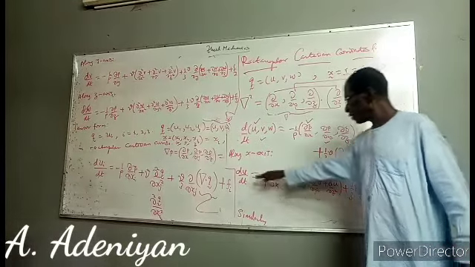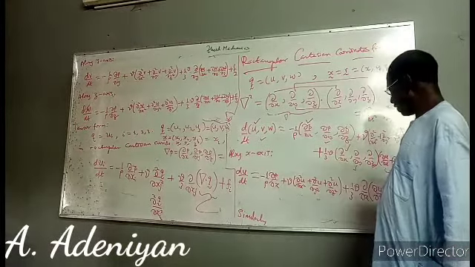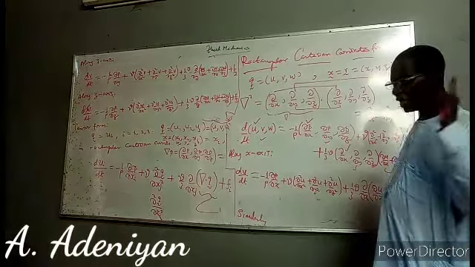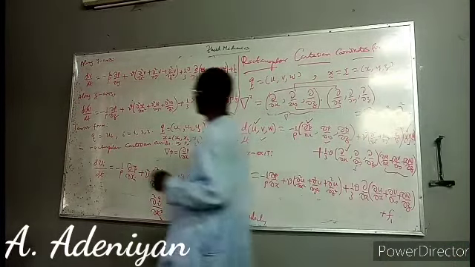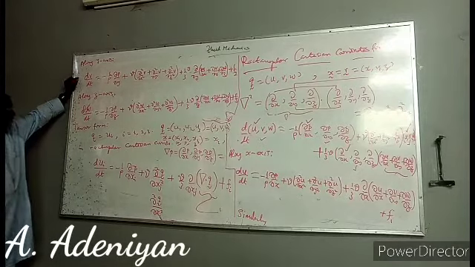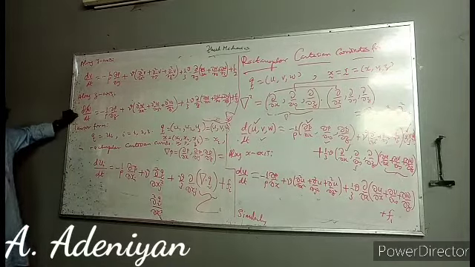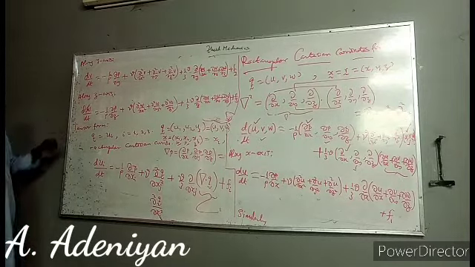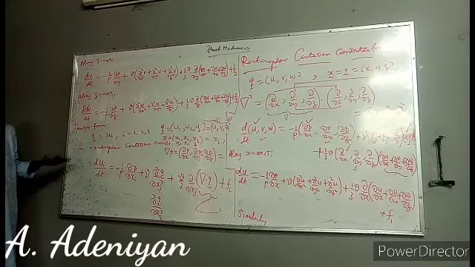You can see that this is the components of Navier equation along x-axis. This is the components of Navier equation along y-axis, and these are the components along z-axis. Of course, look at them; they are similar. Once you know one, you know the rest.